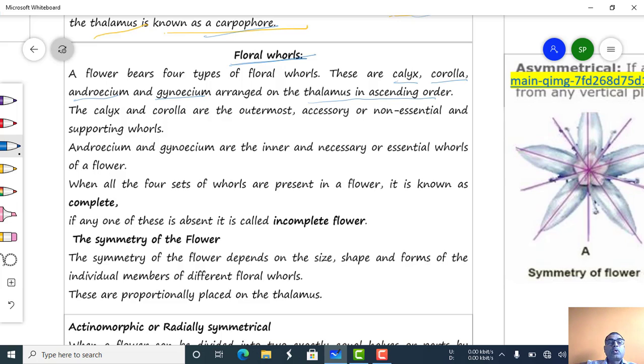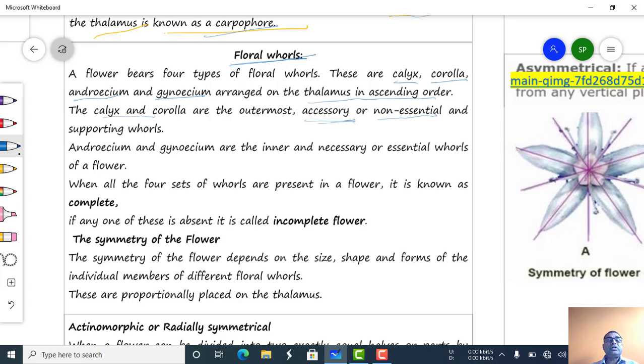Calyx and corolla are generally considered accessory whorls or non-essential whorls. These are generally considered supporting whorls of the flower.